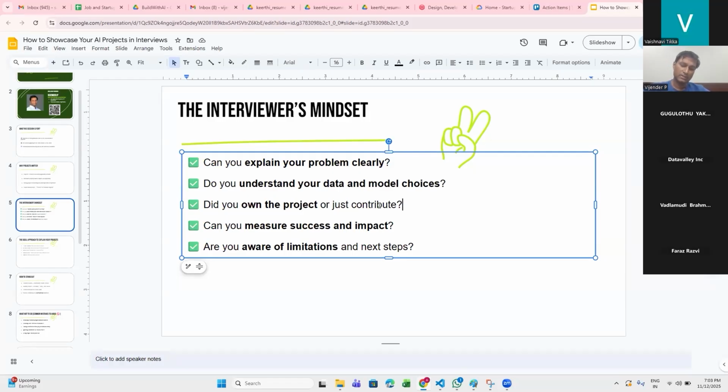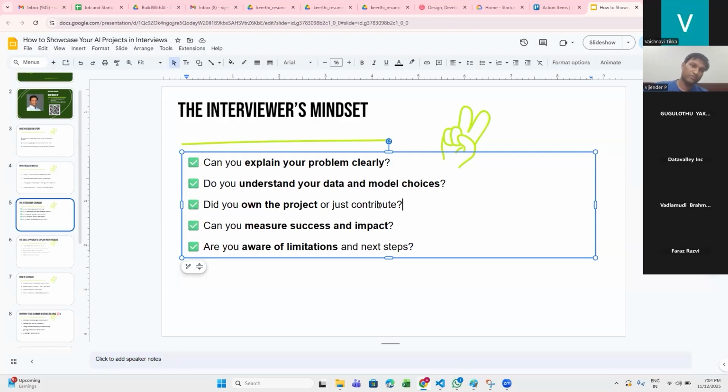But if it is related to data science, then you should know every part of the project, even if you have worked on only a small part of it. That's fine, right? But you should still be able to understand what's going on everywhere else in the project related to data science. Okay. So typically you should own the project.